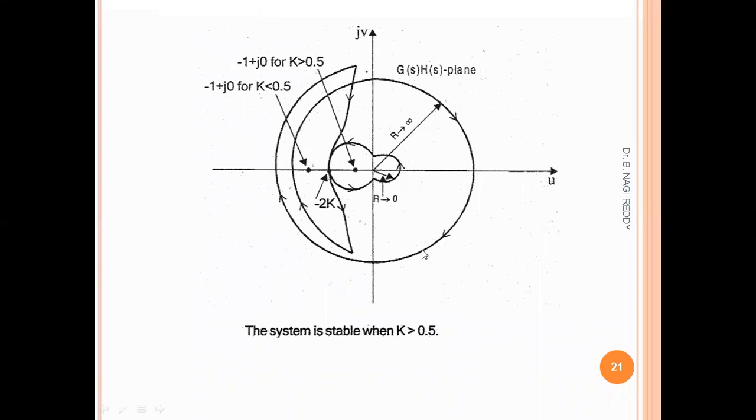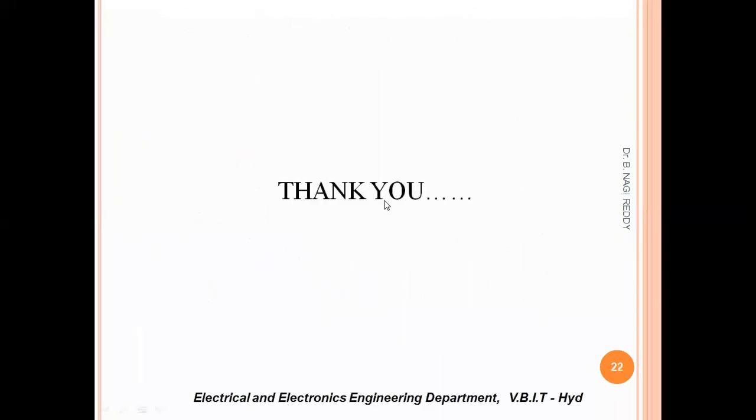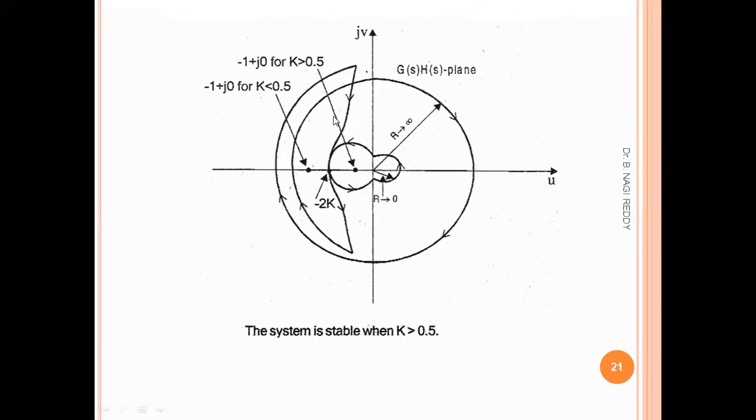And how this plot has been made, you can see from section C1. So this is the G of S H of S plane, which is coming from minus infinity to 0. So now mark this curve here, minus infinity to 0. This is the C1 curve.